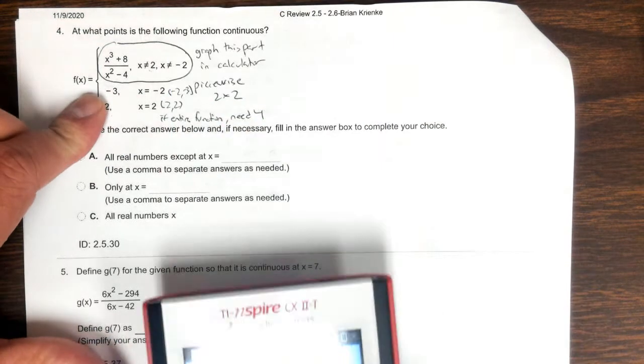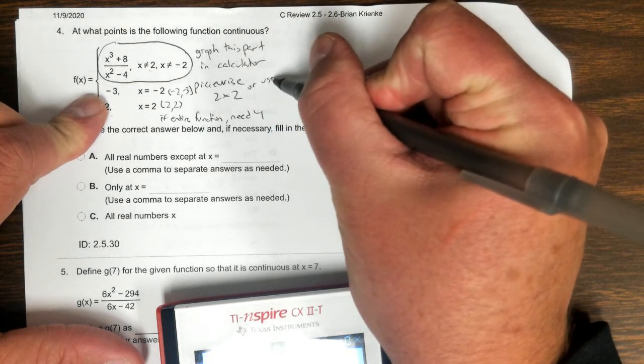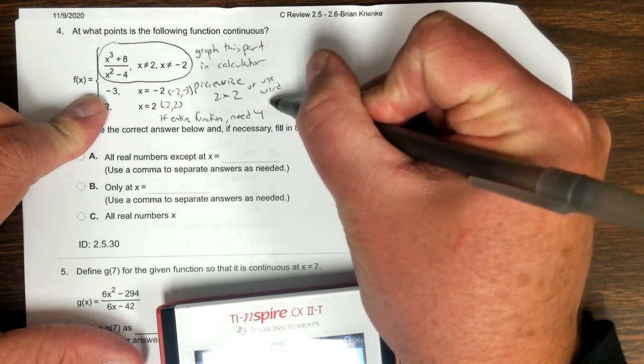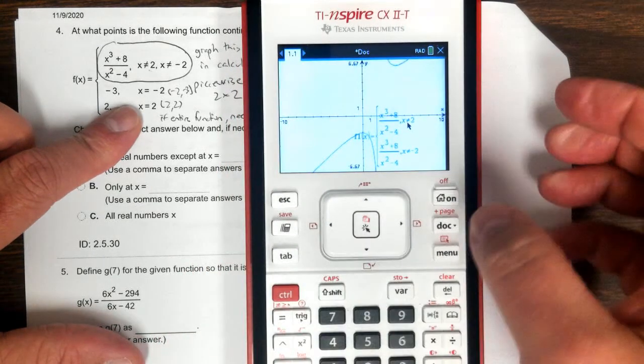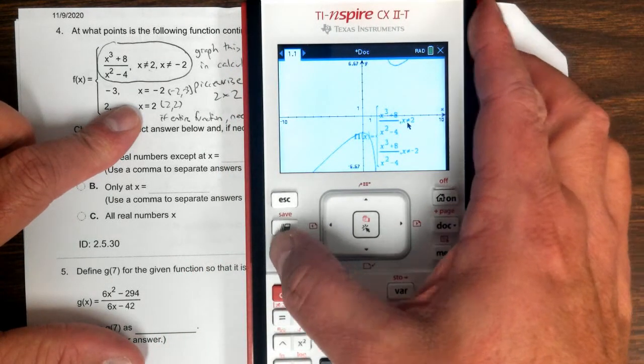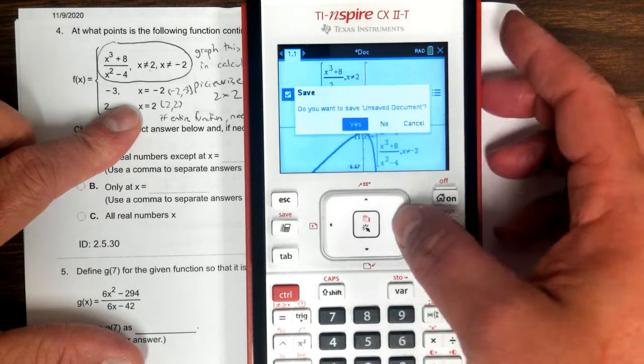Okay, so we either need 2 spots for that, or use the word and. Just to finish that up real quick, what if I just started over real quick?